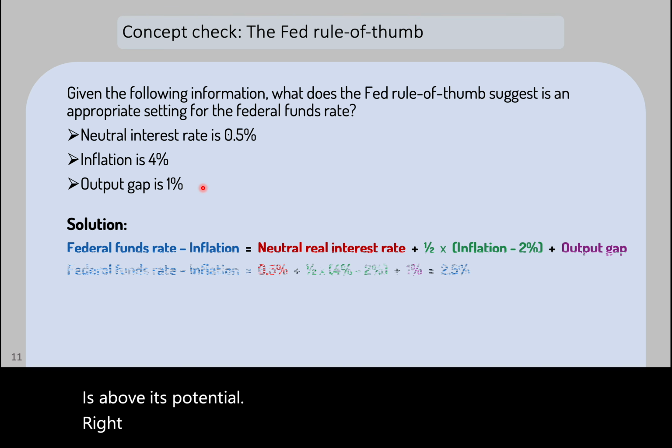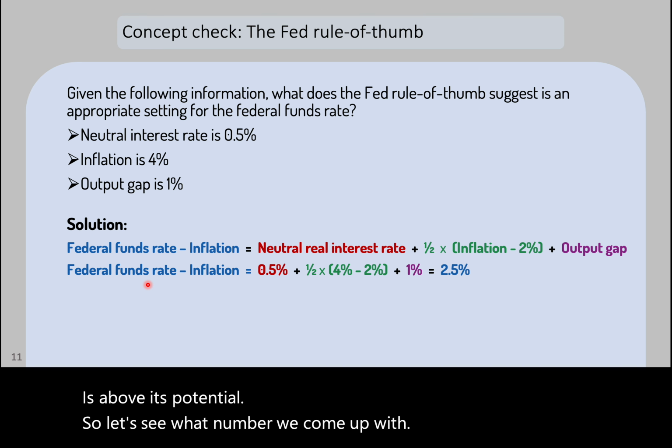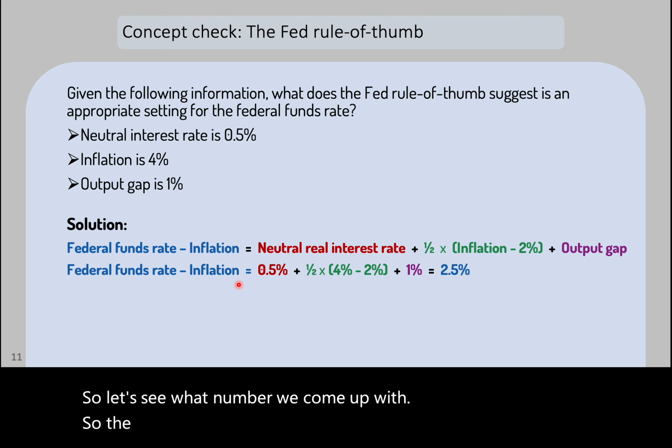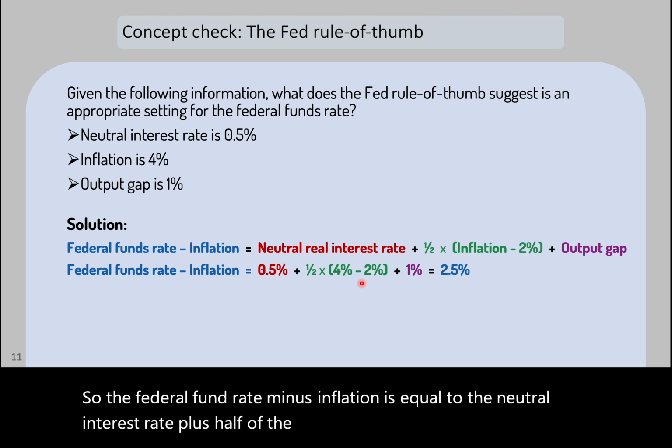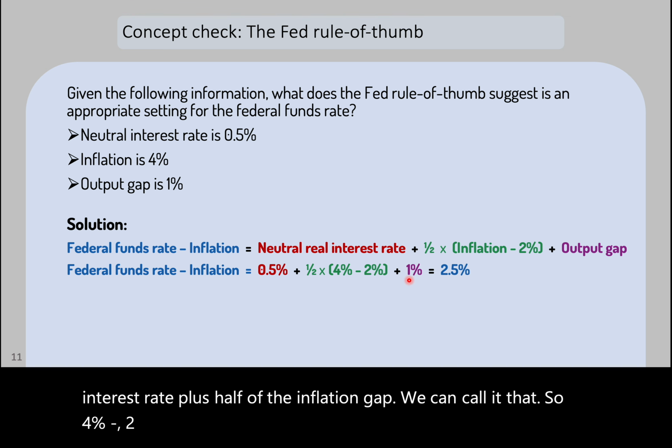So let's see what number we come up with. The federal funds rate minus inflation is equal to the neutral interest rate plus half of the inflation gap, we can call it that. So 0.5 plus half of 4% minus 2%, plus 1%, which is our output gap, and that gives us 2.5.